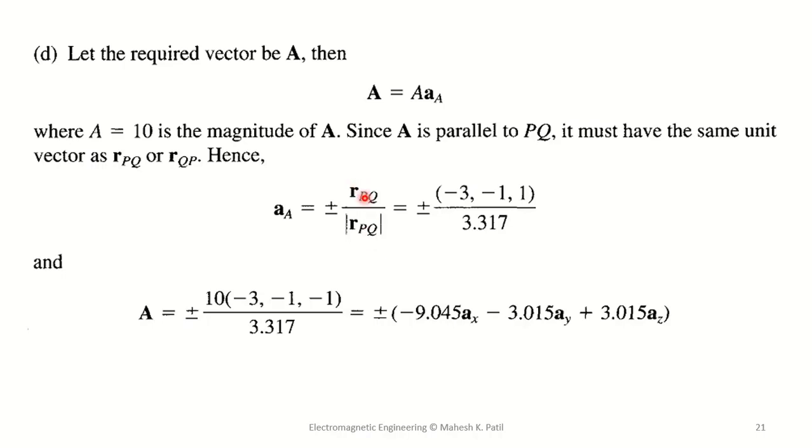Vector PQ is minus 3 ax bar minus 1 ay bar plus 1 az bar divided by the magnitude of vector PQ, which is 3.317.